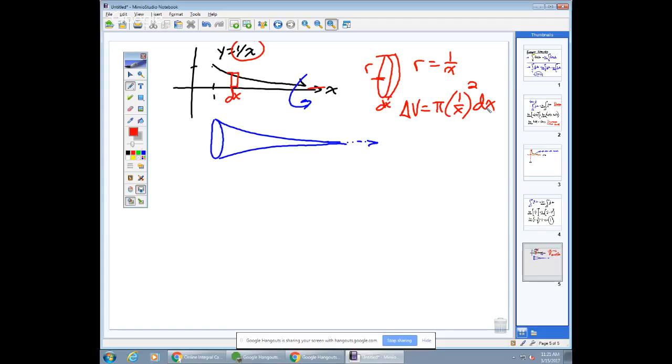And I want to accumulate all of those little disks. So my volume is going to be the integral as x goes from 1 to infinity of pi times 1 over x squared dx. So this integral represents the volume of this infinite horn.